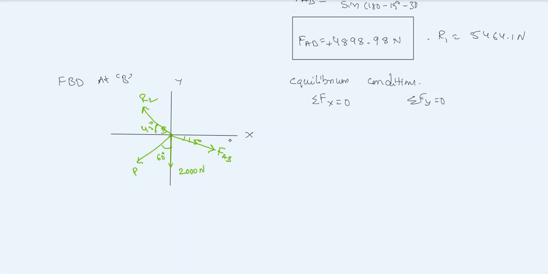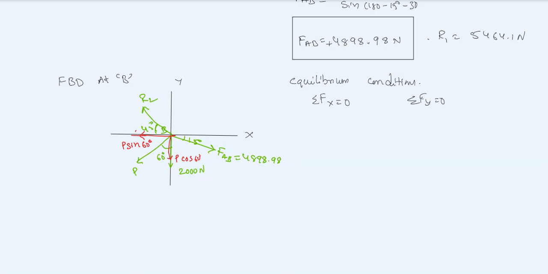And last but not least, all the forces are known. We know FAB is equal to 4898.98. These forces are in between the x and y axes, so you can resolve these forces into components. First of all, P can be resolved into two components: one is P cos 60, another one is P sin 60.